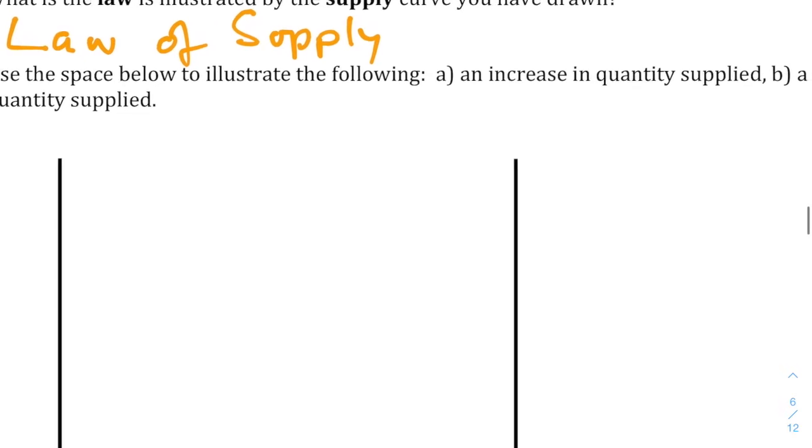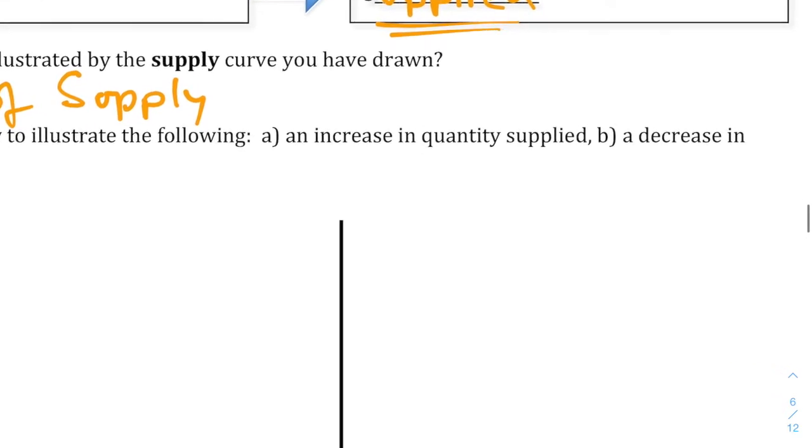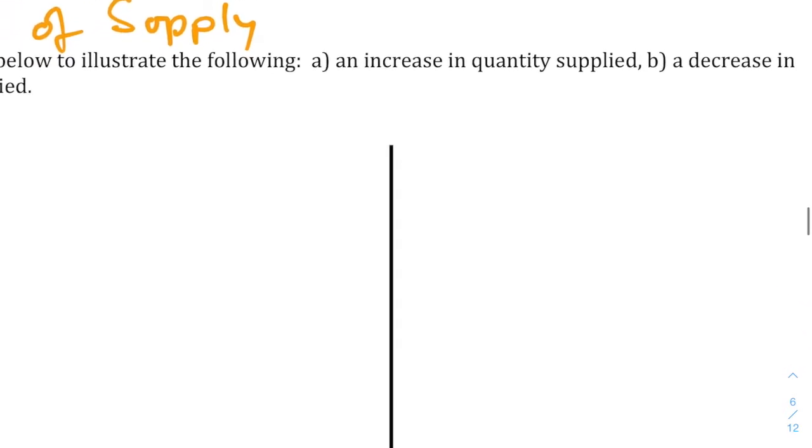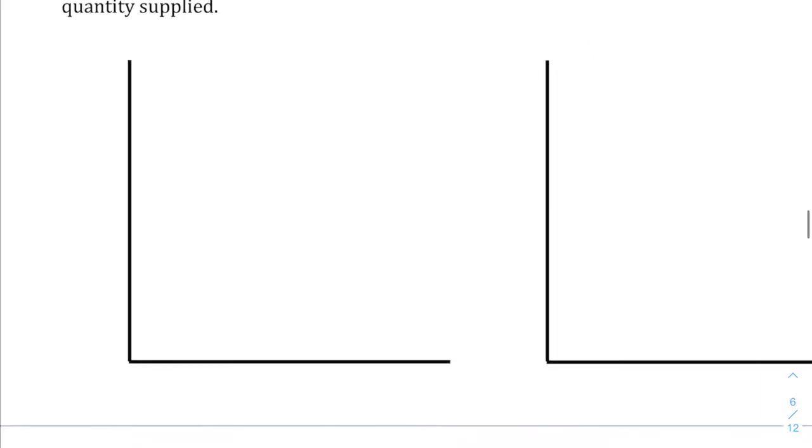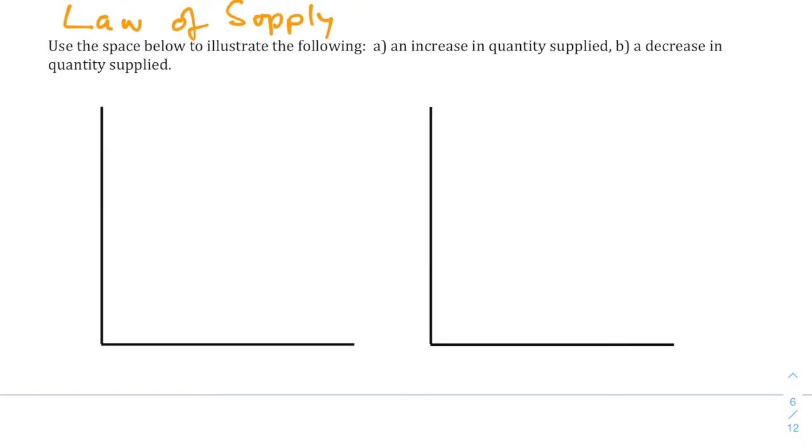In the space below, illustrate the following: an increase in quantity supplied. All right, I'm going to give you some more tips here. When you draw these graphs, there's a certain order of operations that perhaps you should follow.